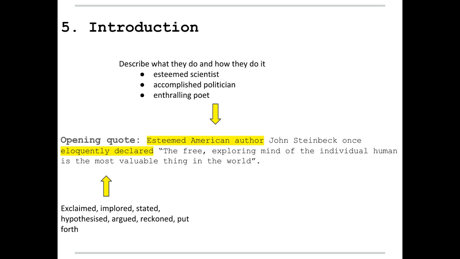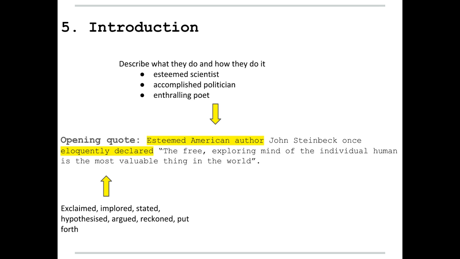So this sentence, the free exploring mind of the individual human is the most valuable thing in the world. That is a strong statement. It is also eloquent. It's not very argumentative or confronting. So you wouldn't say something like exclaimed. He didn't exclaim it. There's no exclamation point at the end of the sentence.